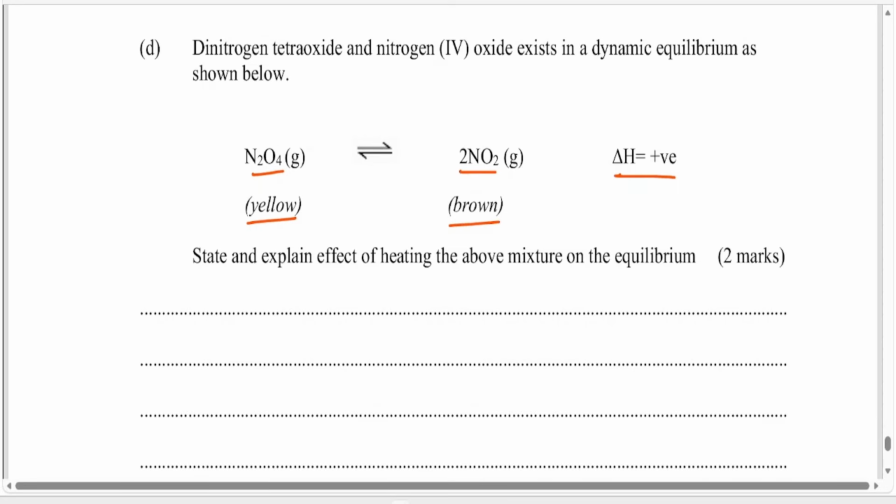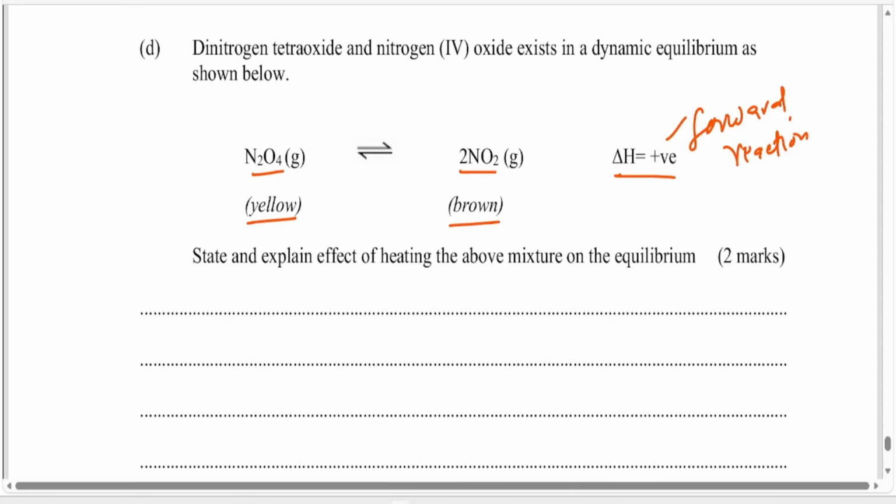Then we are told to state and explain the effect of heating the above mixture on the equilibrium. We need to understand that this side here represents the forward reaction. So the forward reaction is endothermic.